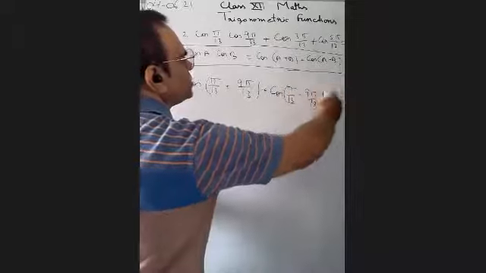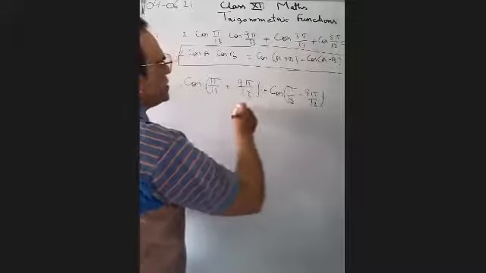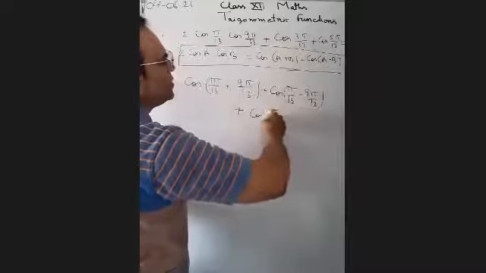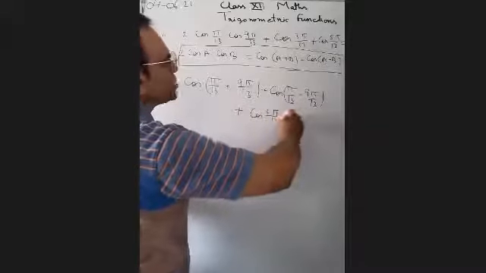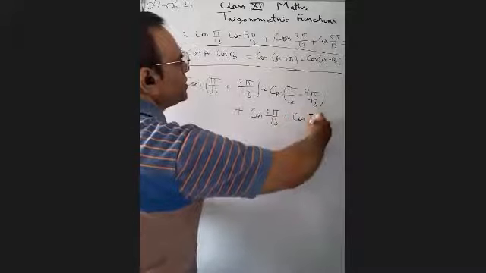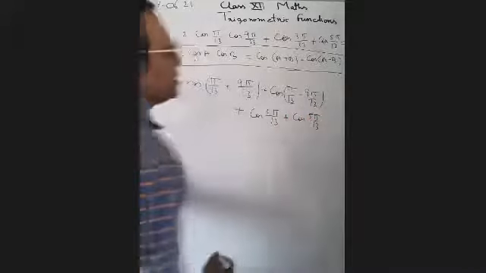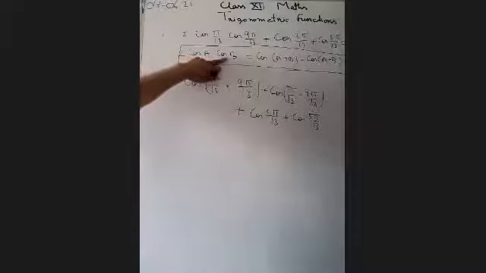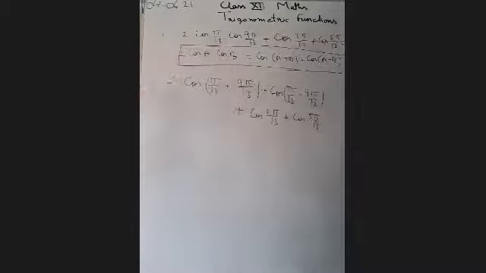These two terms we will write as they are: cos 3 pi by 13 plus cos 5 pi by 13. Okay, we are not changing the last two terms. We are applying the formula to cos A cos B in the first two terms only.